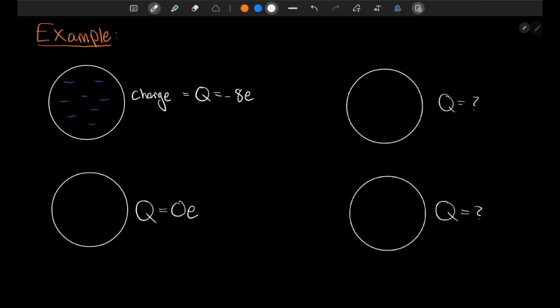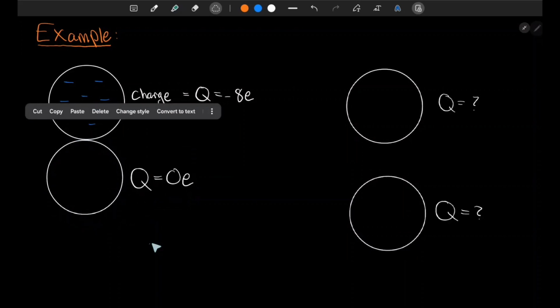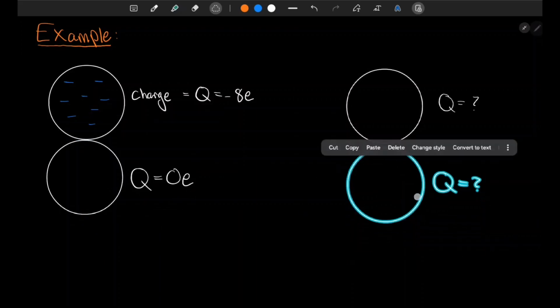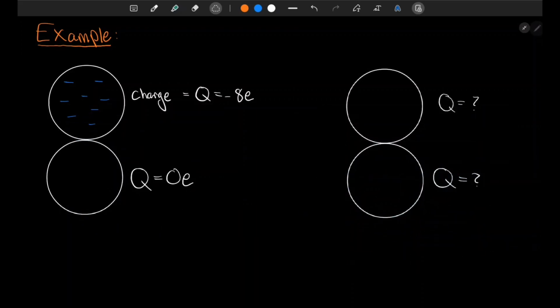So what would happen if we brought these two spheres together? Let's say they touched very quickly. What would happen when these spheres touch together? Well, we saw in the previous example with a person in a blanket then touching a doorknob, if there's excess charge, that charge wants to move from one place to another.